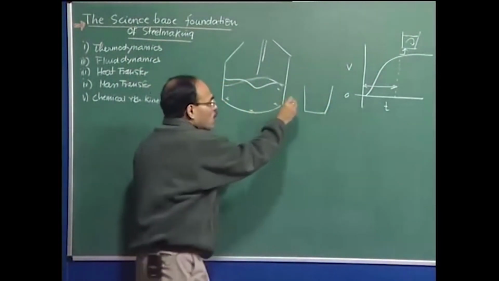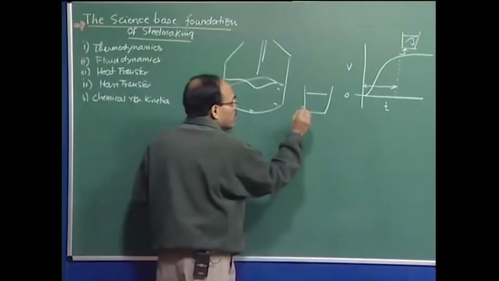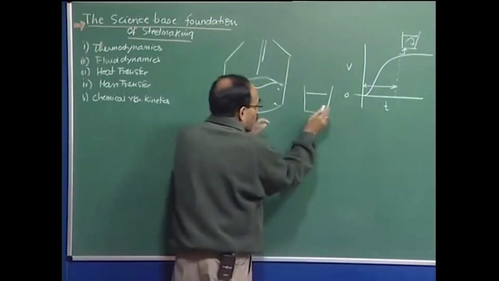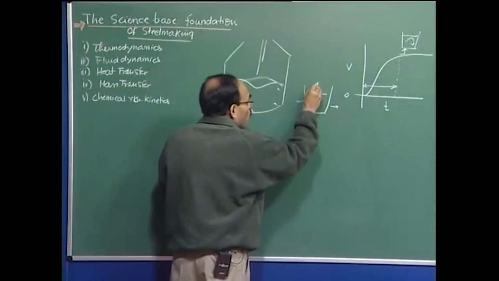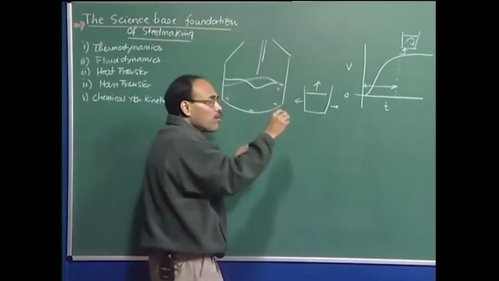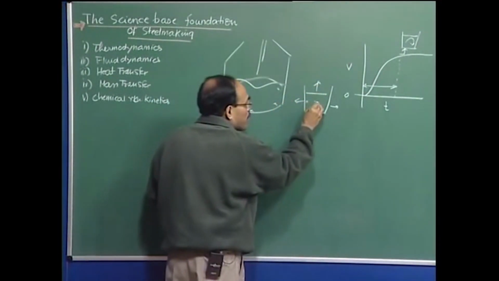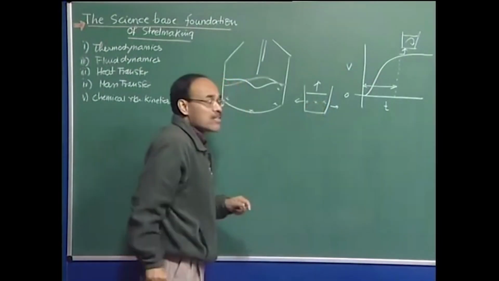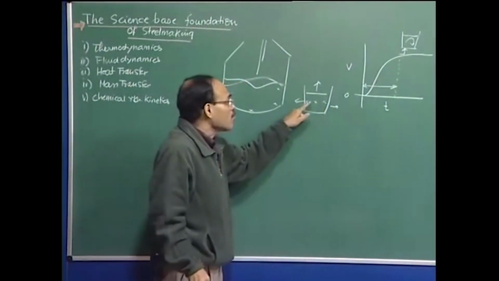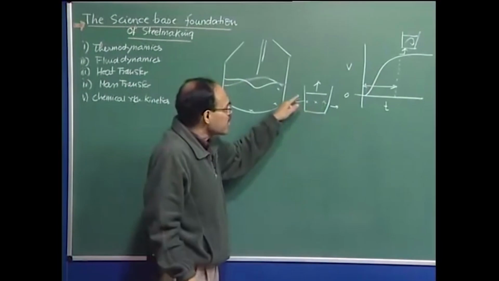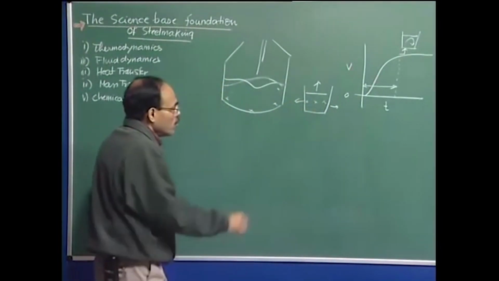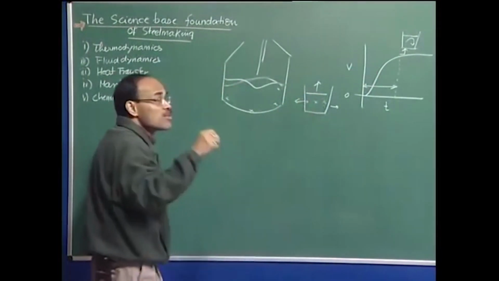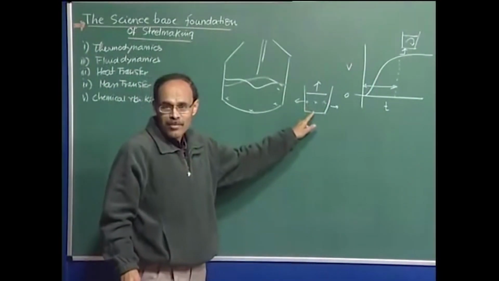The ladle contains molten metal, and there is going to be heat loss through all the surfaces, and as a result there is going to be a difference in temperature between various locations. This will have a higher temperature, this will have a lower temperature because of heat loss, and as a result we have differential temperature, which makes the process non-isothermal in nature.